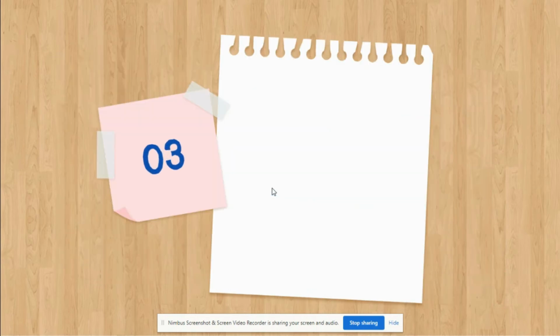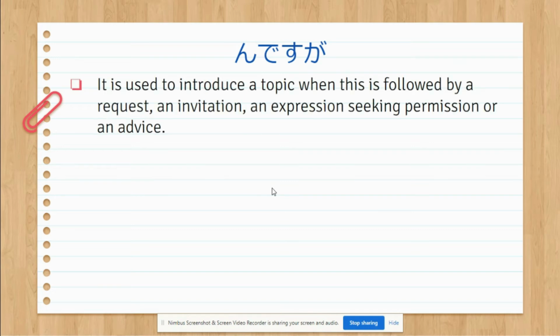Now, let's proceed to our third topic, which is en desu ga. We already have learned en desu ka, which is used for questions, and also en desu, which is used for an answer or a statement. Now we have en desu ga. When do we use en desu ga? En desu ga is used to introduce a topic when this is followed by a request, an invitation, an expression seeking permission, or an advice.